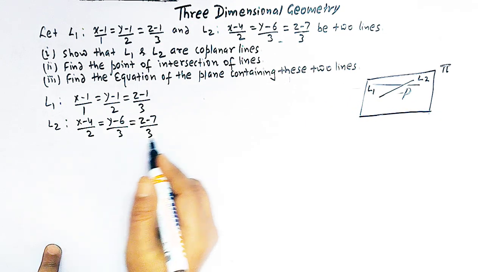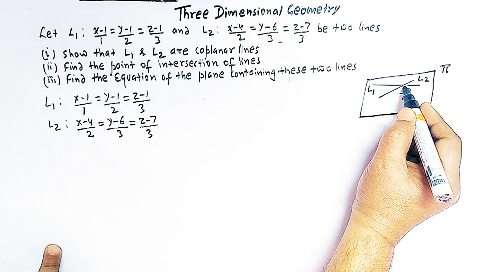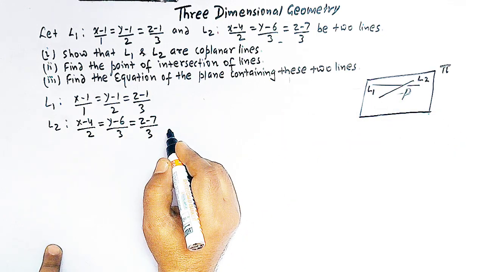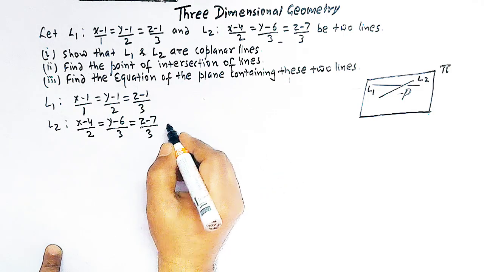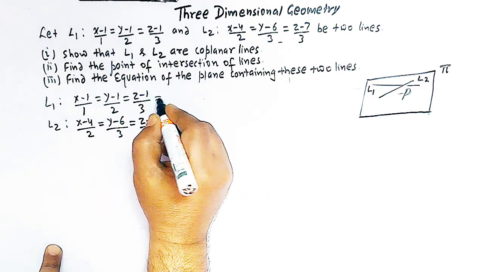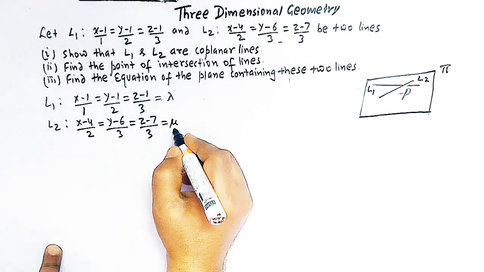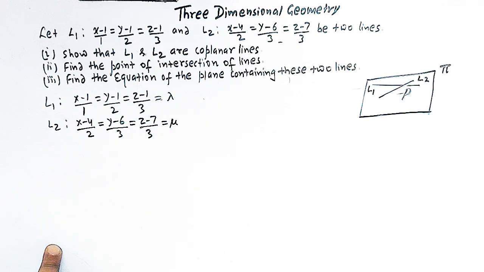To get the coordinates of the point of intersection, that is point P, we have to introduce two scalars here. Let us write lambda and mu, where lambda and mu are real numbers.